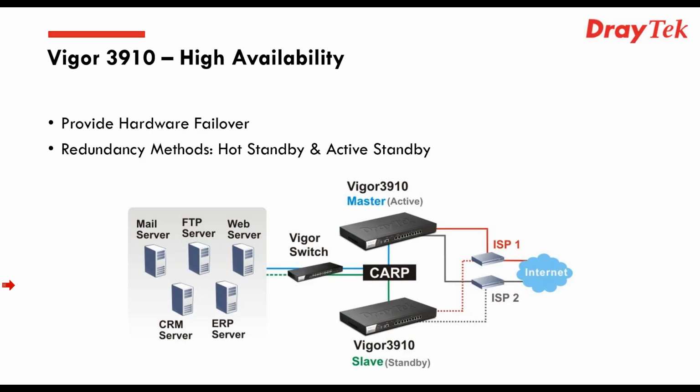Is it currently connected to the network, the local network? Is it actually responding? Does it have active WAN connections available? The ports, are they online? The WAN configuration, is there active available WAN connectivity on that master device?